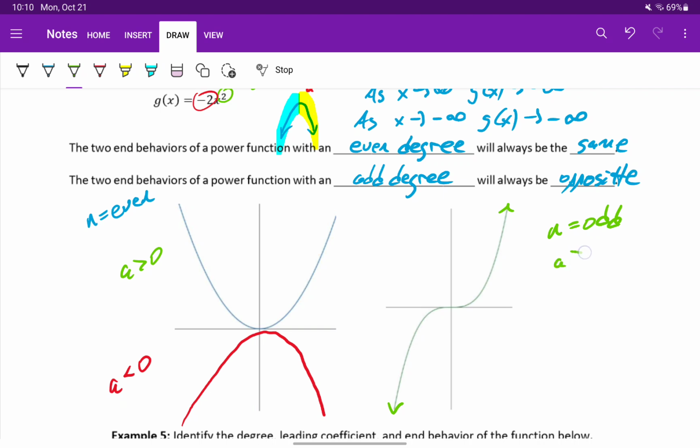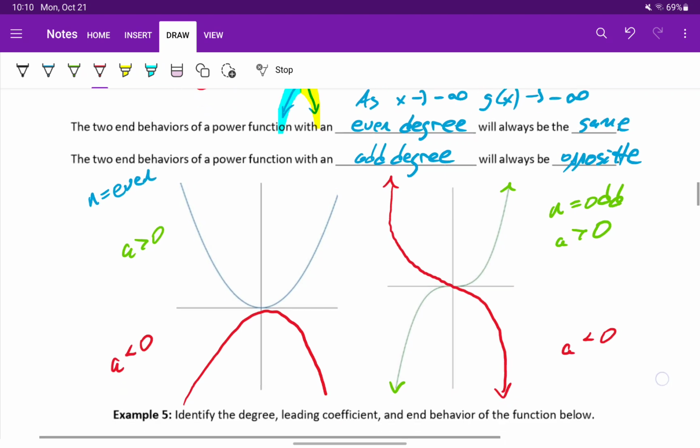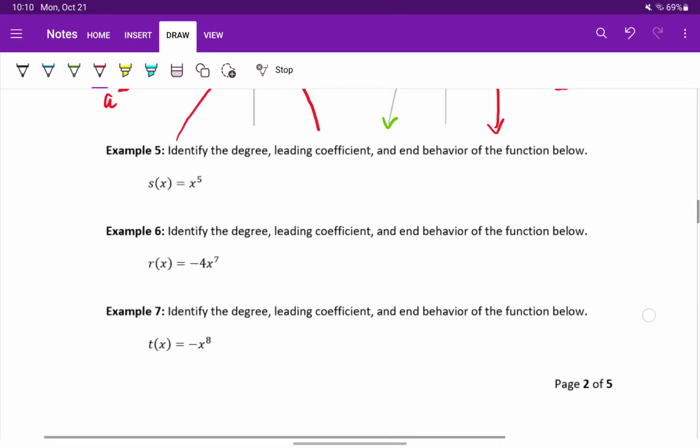This is the case where a is something greater than 0. If a is less than 0, then this picture just gets flipped. And it's headed to positive infinity on the left, negative infinity on the right.